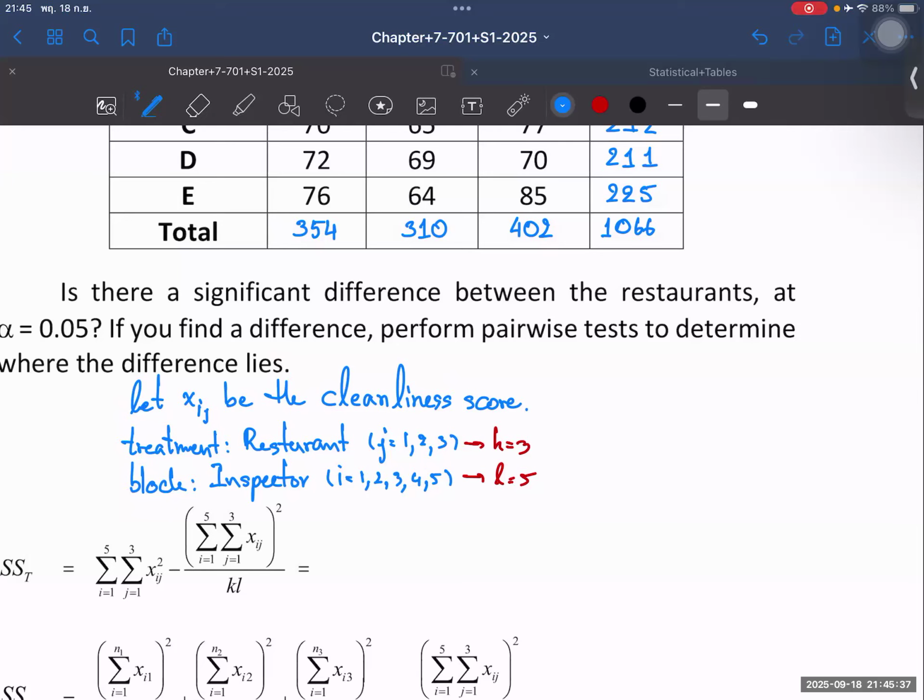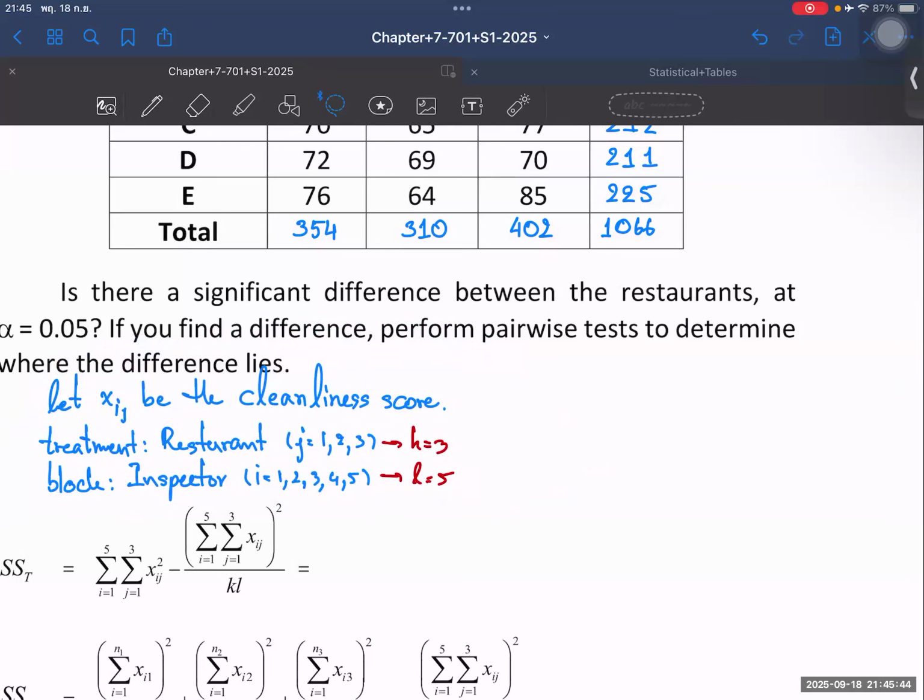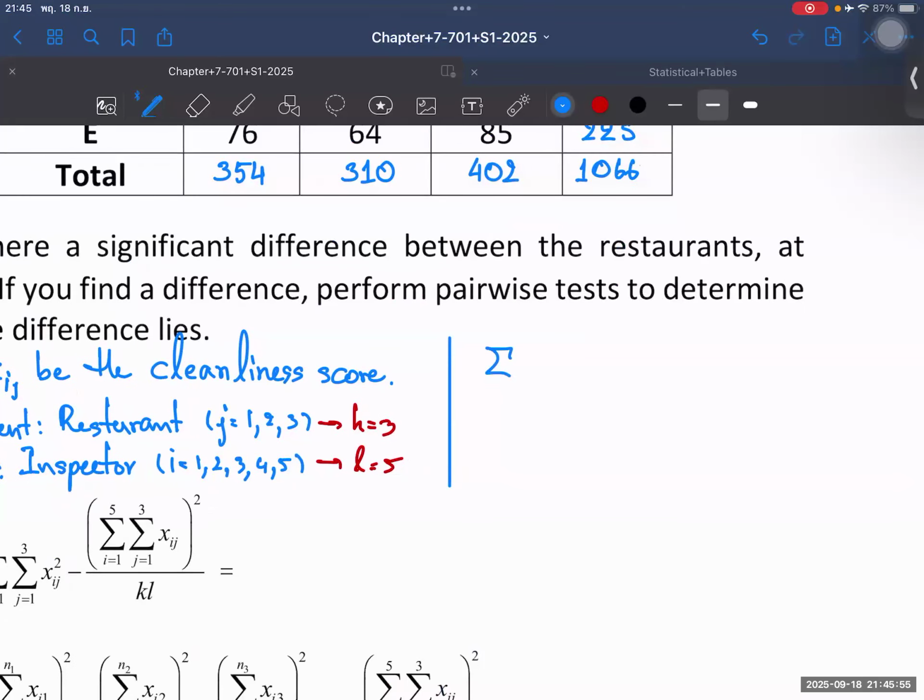Okay, I'm finding the sum of the Xij and the sum of the Xij squared, and n is equal to KL.